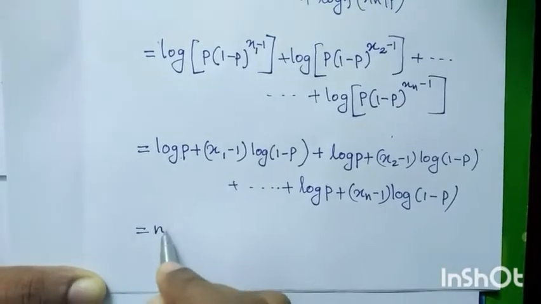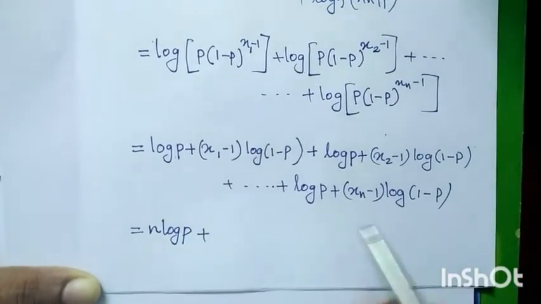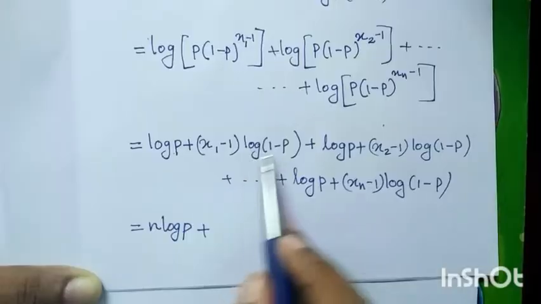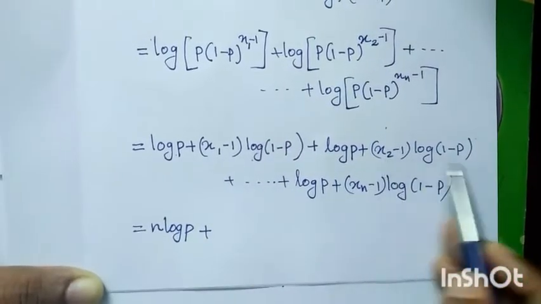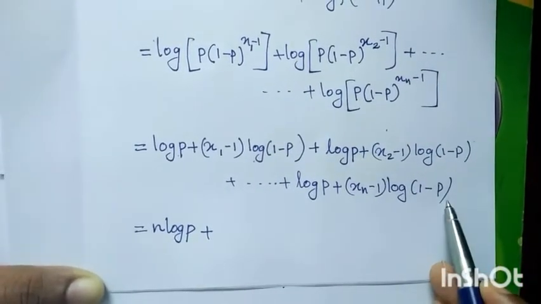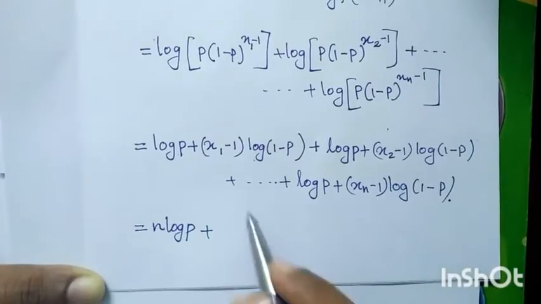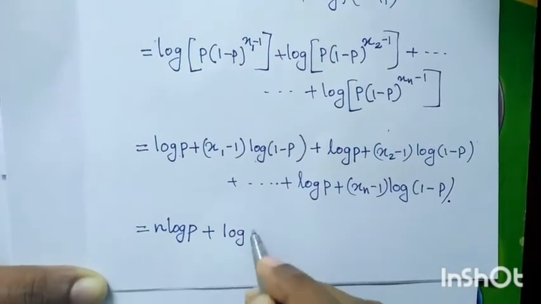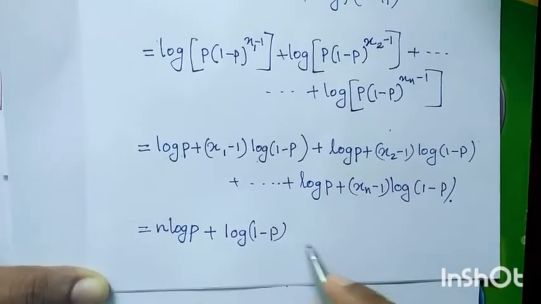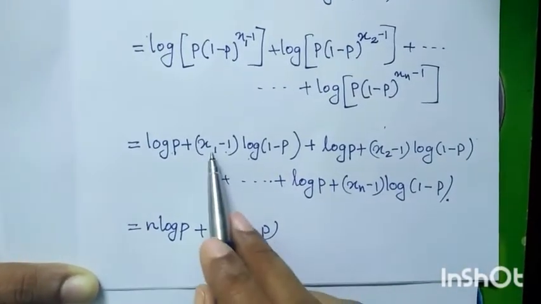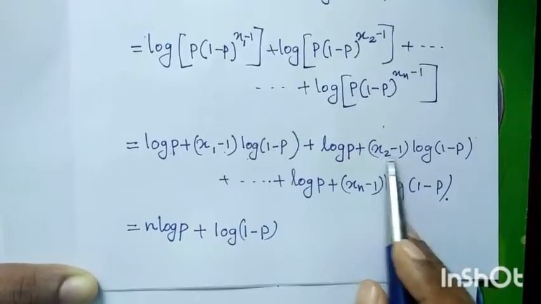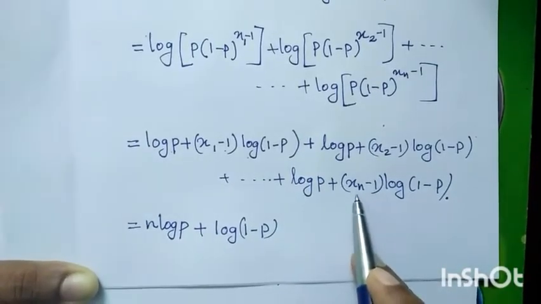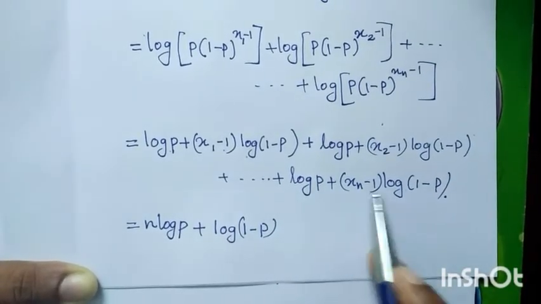So we can write n log p plus, now from these terms we can take log 1 minus p as common. The remaining terms will be x1 minus 1 plus x2 minus 1 plus etc. plus xn minus 1.